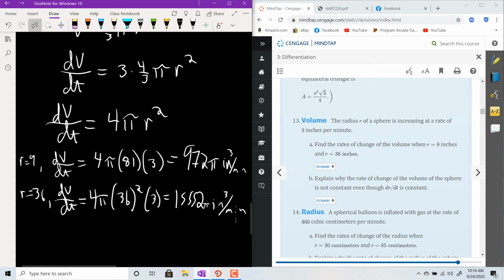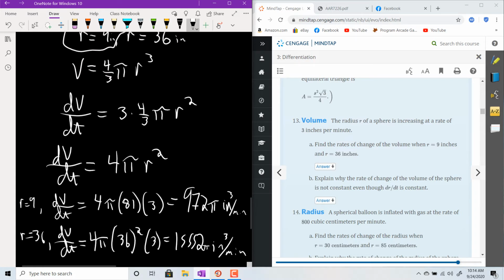Part B, explain why the rate of change of the volume of the sphere is not constant, even though the rate of change of the radius is constant. Well, you can just look at the formula. It's dependent on radius squared.